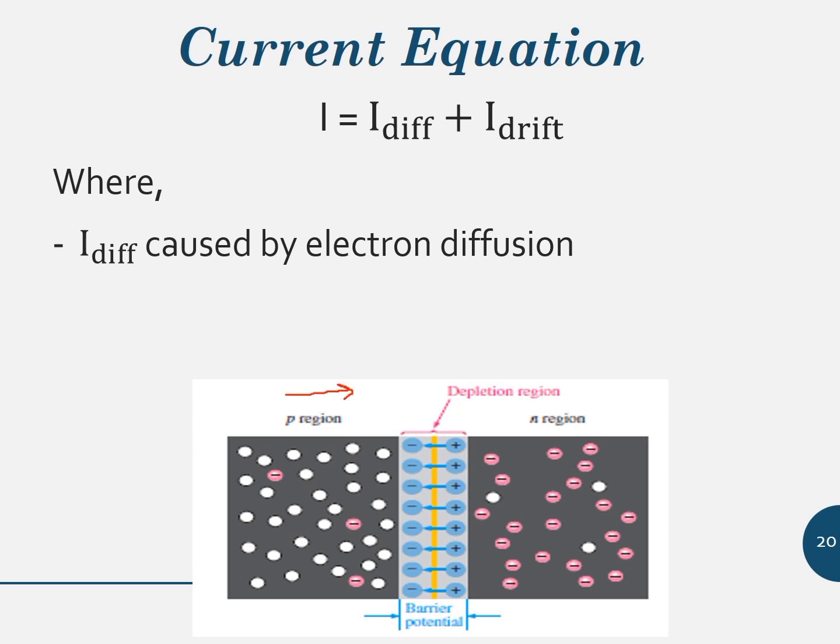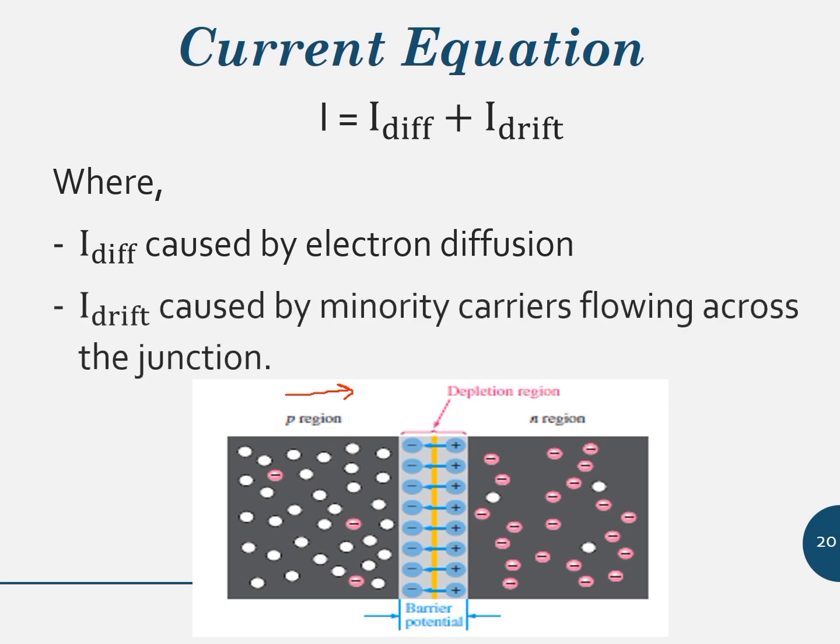In addition to diffusion current, there is another current which is drift current. We know that minority charge carriers also exist in both regions, that is, holes in N region and free electrons in P region. So, holes in N region diffuse through the edge of depletion region.